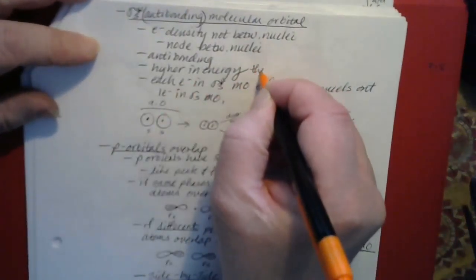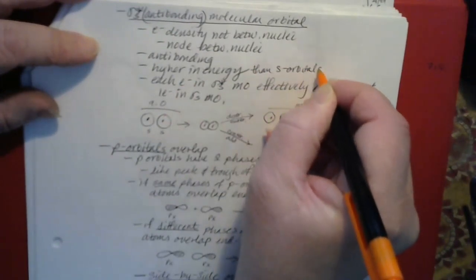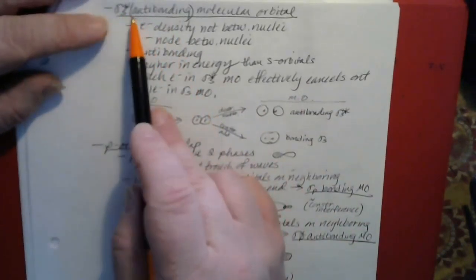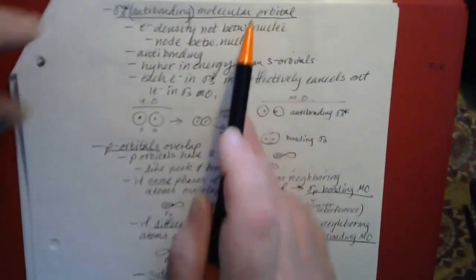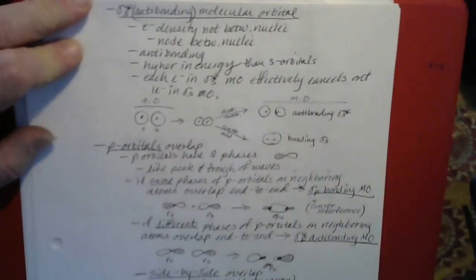I've rewritten this at the top of the page because it got a little crowded before. A sigma star anti-bonding molecular orbital is caused by destructive interference, in other words, out-of-phase interference between the wave functions of s orbital electrons on neighboring atoms.